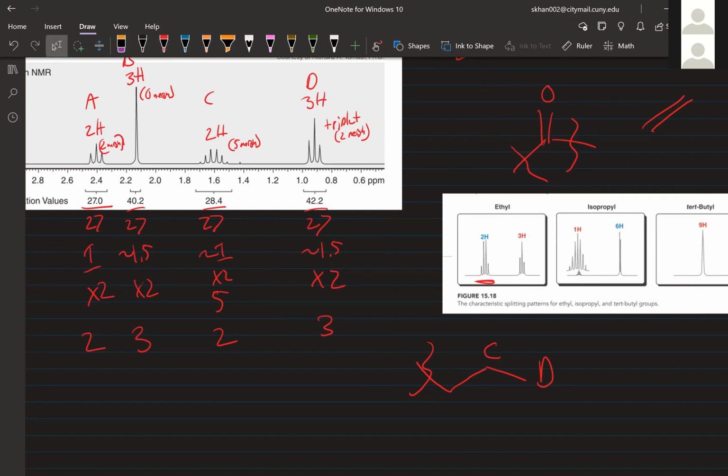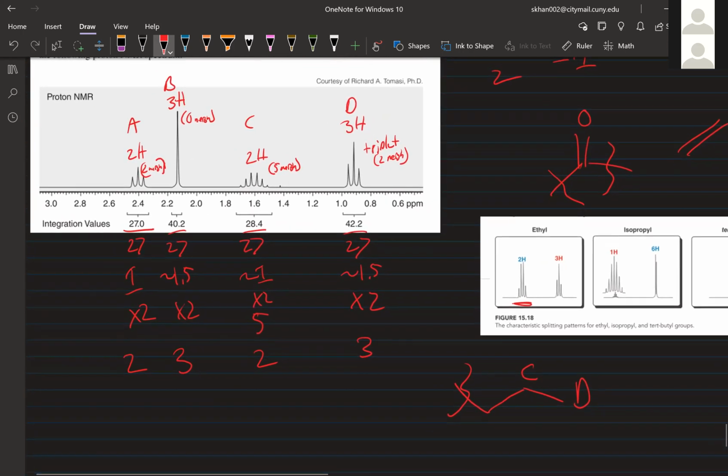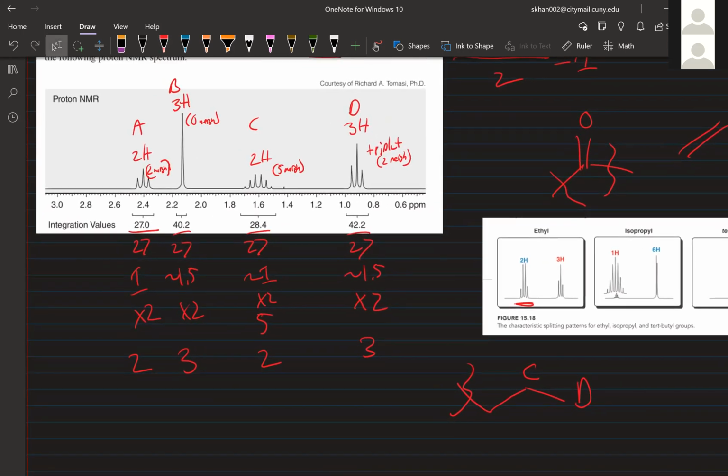Tell me what signal would be the carbon coming off the hydrogens on the carbon next to C. If you look at the rest of the spectra, we have a singlet that has 0 neighbors, and we have a 2H that has 2 neighbors. So between A and B, that's what's left. Which one would probably be next to that?